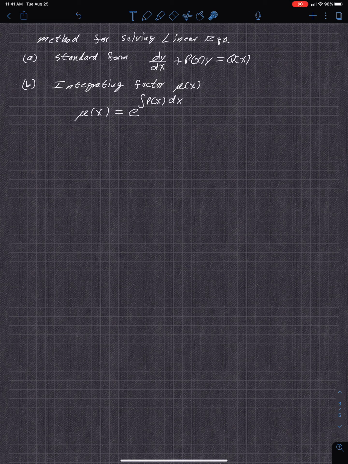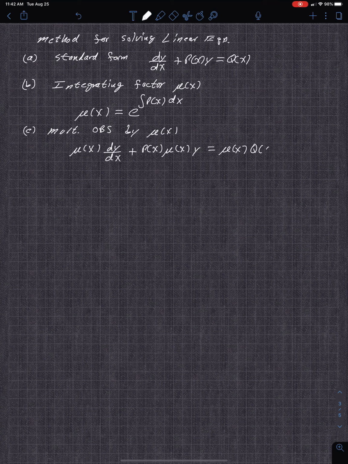Okay, so then C, you calculate the integrating factor. Then you multiply on both sides by mu of x, whatever you end up finding. So you end up getting, and I'll rewrite it, mu of x dy dx plus p of x mu of x y, it doesn't matter that order, equal to mu of x q of x.